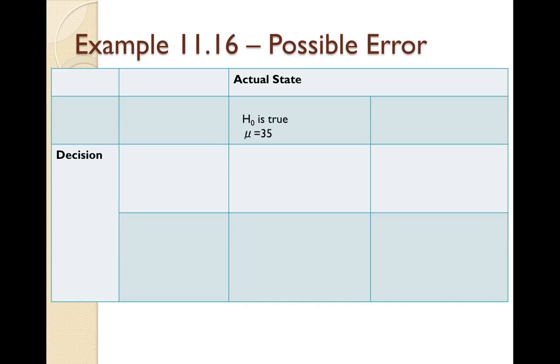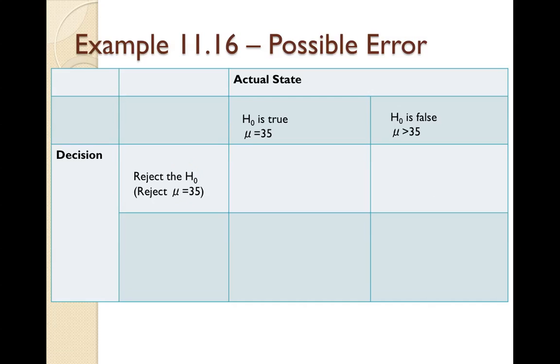The actual state could either be that H0 is true, meaning that the mean really is 35 minutes, or it could be that H0 is false, which means that the mean is really greater than 35 minutes. So those are our two possibilities for what's truly correct, what's actual in this example.